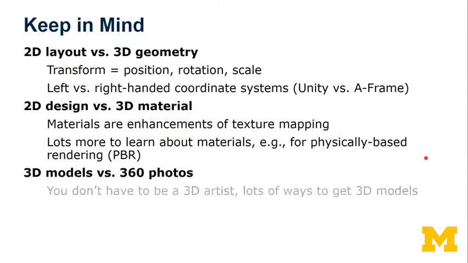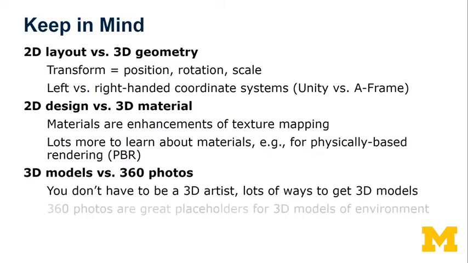Well, the 3D models when it comes to depth and detail, but 360 photos can help you really quickly prototype. You don't have to be a 3D artist, lots of ways to get 3D models. I covered a few platforms that you can download from, Sketchfab, for example, and Adobe Mixamo. 360 photos are really great placeholders for 3D models of the environment.